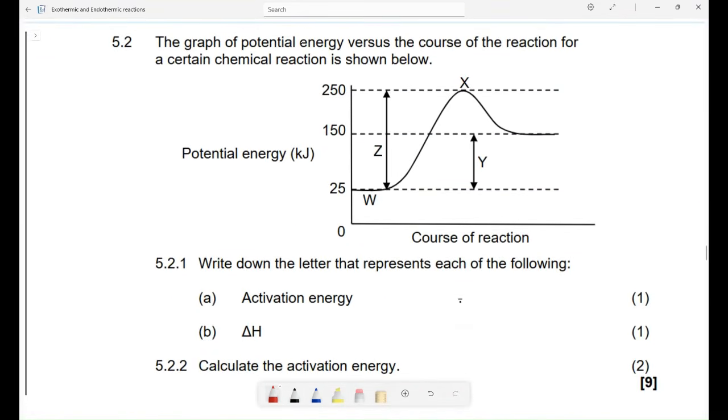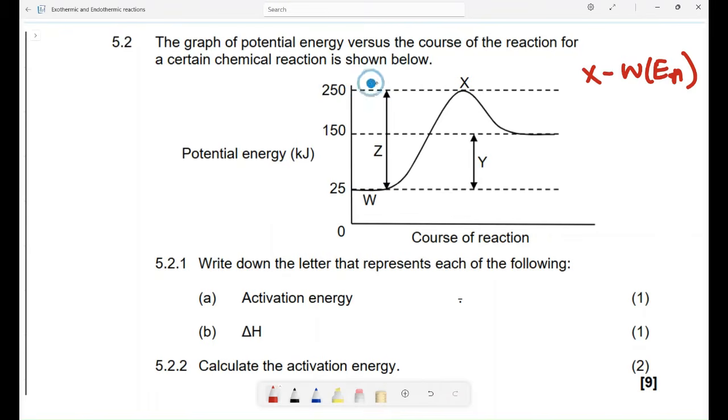The graph of the potential energy versus the course of the reaction for a certain chemical reaction is shown below. Here from X minus W, can you see, X minus W is the activation energy.